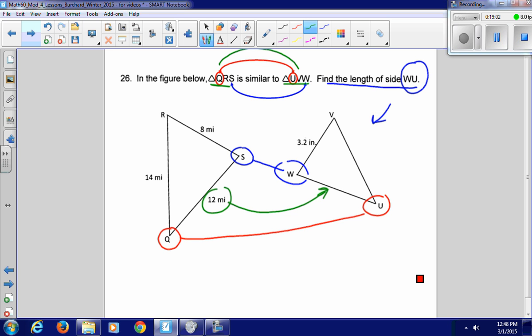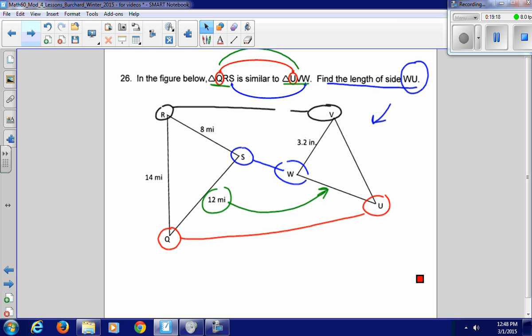And then I have to pick two other ones. So if all of that is true, then we also know, because we already said Q goes with U, S goes with W, that means R goes with V. And then that means I also know that this 8 goes with that 3.2.